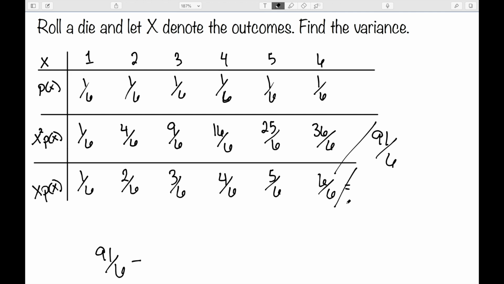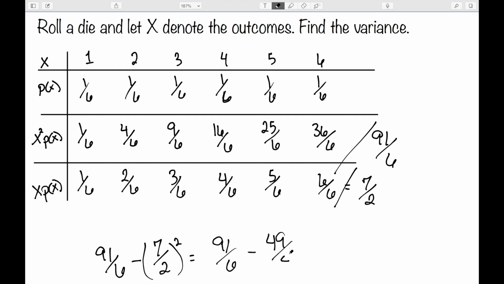And then we need to add those up. When we do, we get 7 over 2. So we're going to subtract the mean squared. So 91 over 6 minus 49 over 4. And when we do that, we get roughly 2.92. So this would be the variance of this particular case.